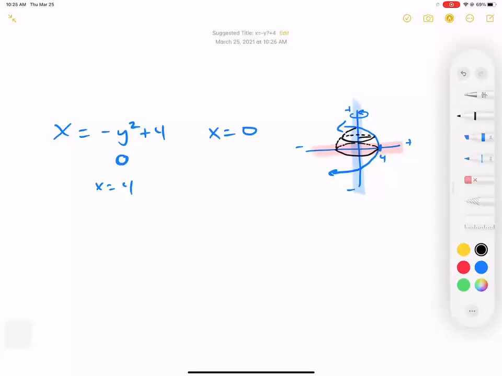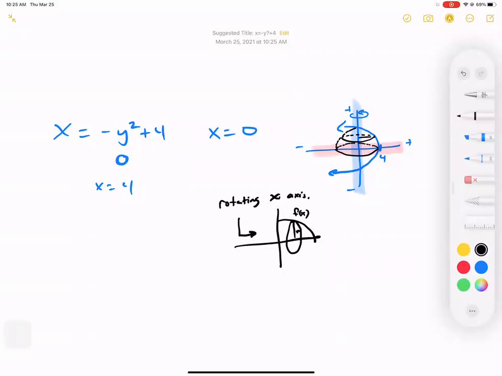Now, if you look at the radius here, it's not like our typical problem, where the radius is going this way and that's just f of x. That was our radius when we rotated around the x-axis. This guy here.